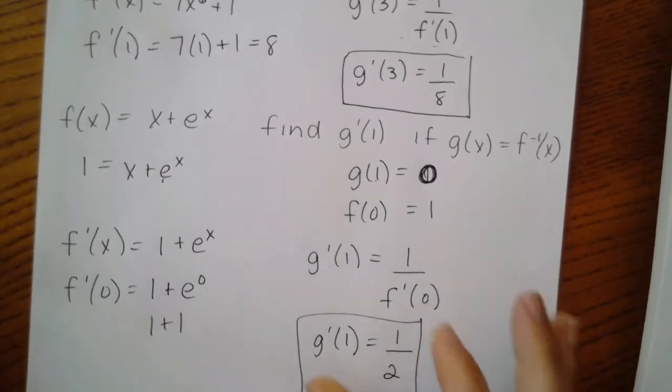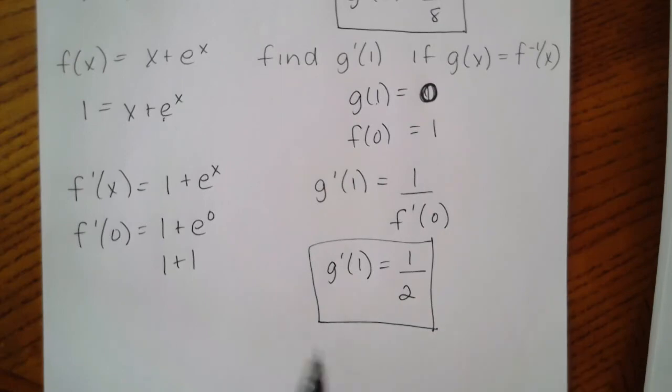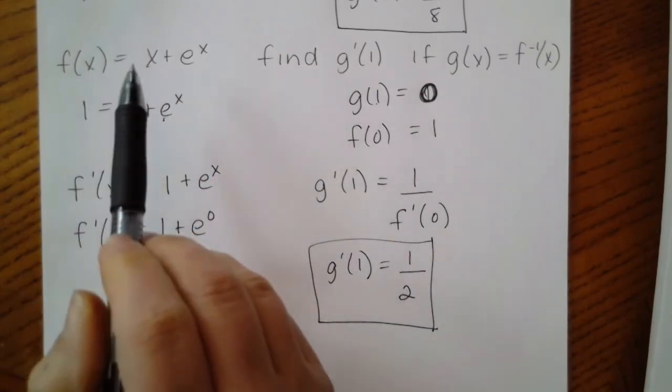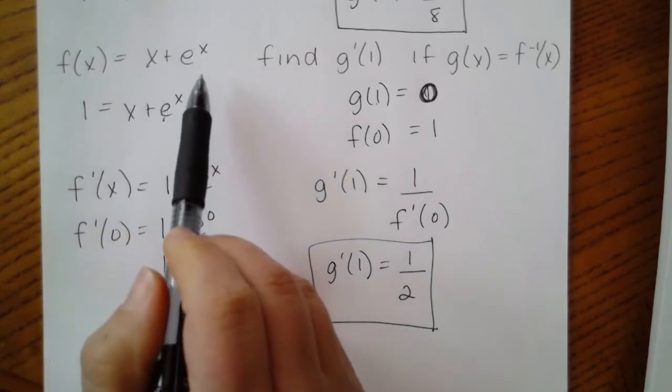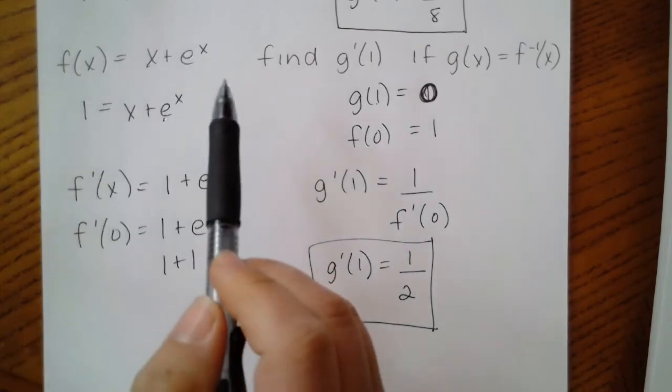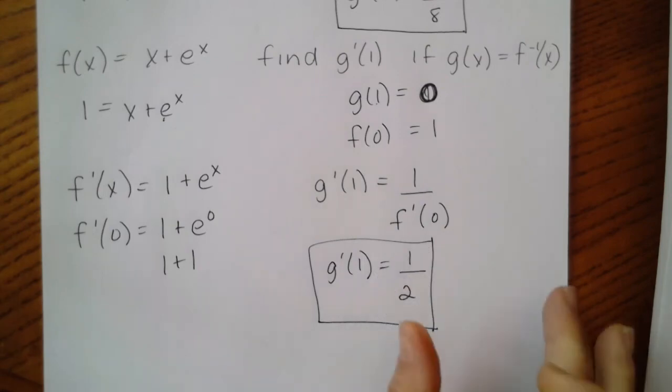So this is how it's useful. Okay, we can't find the inverse, right? Again, if I switch x and y, I would get x equals y plus e to the y, and that's not an easy algebraic thing to solve for y. But we can find the derivative of the inverse at specific points if we can figure out the other coordinate.